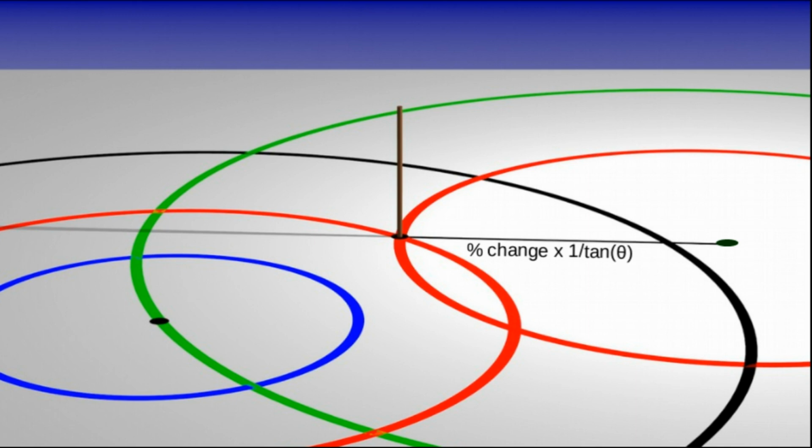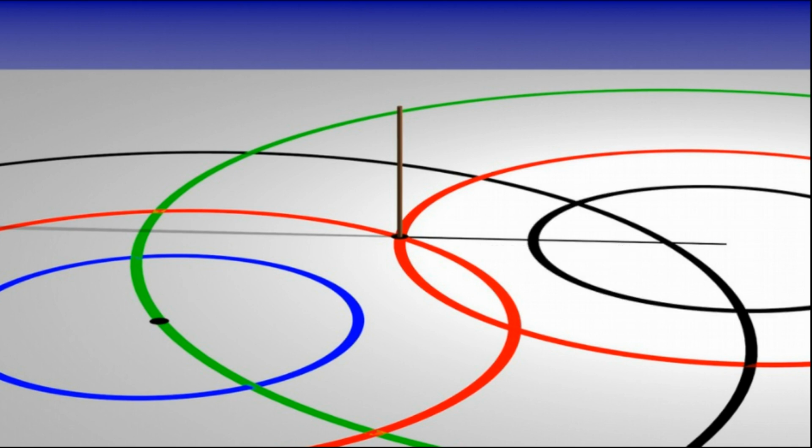And now we can add the elevation angle circles for the other cities. So let's do the black city. We'll use the same center. We must adjust its size by the same percentage.